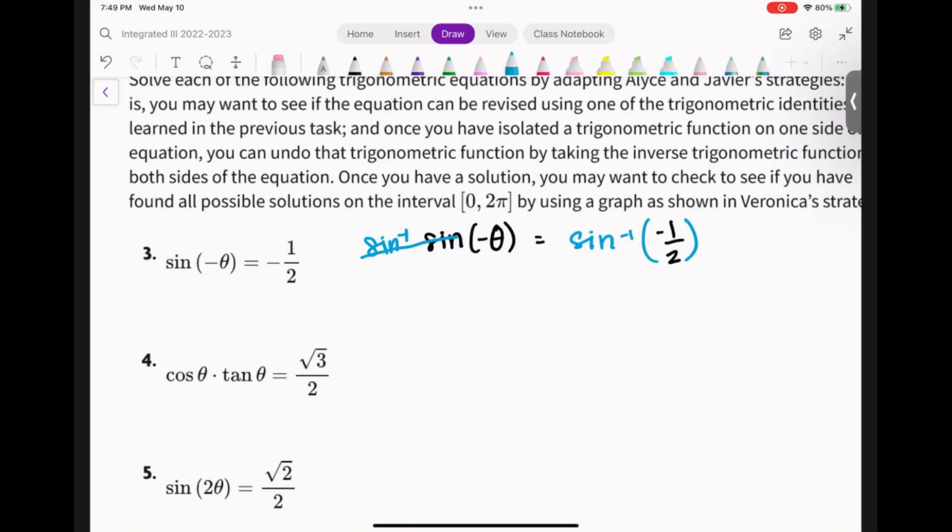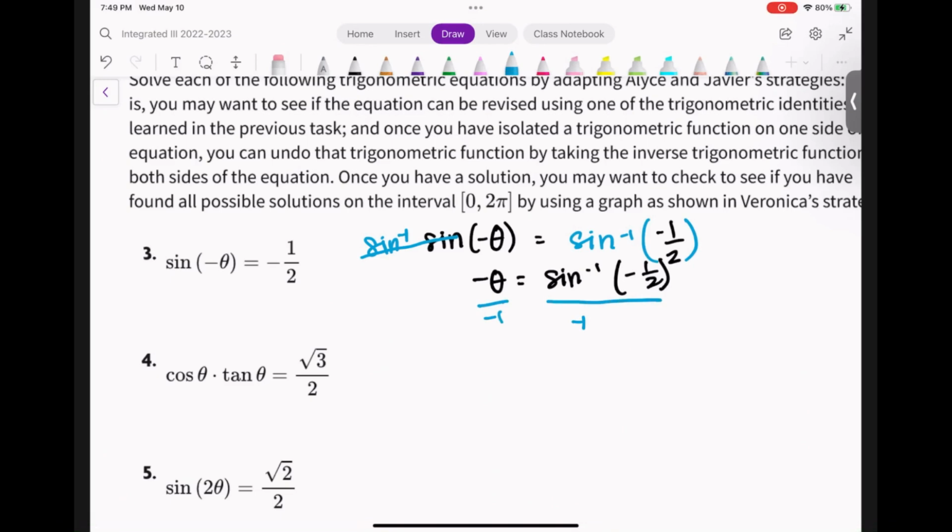So all I'm left with is negative theta equals sine inverse of negative half. And some of you are like, Miss Johnson, I know that triangle. It's a negative 1/2. I know what that is. Very good. Okay, the last thing is I'm just going to divide out by this negative 1 here.